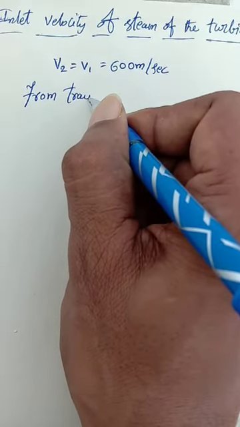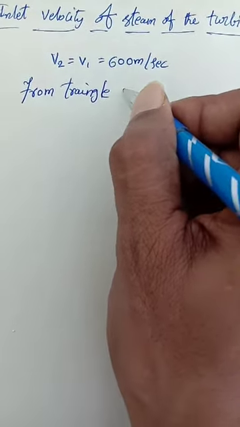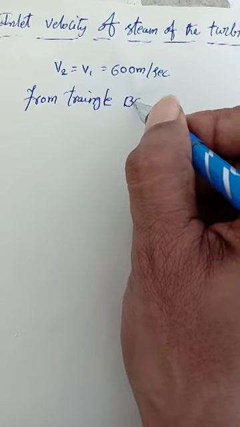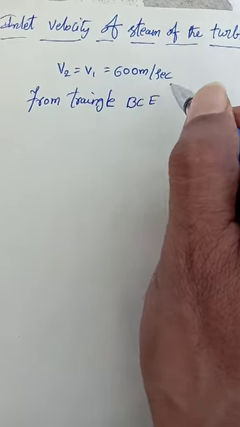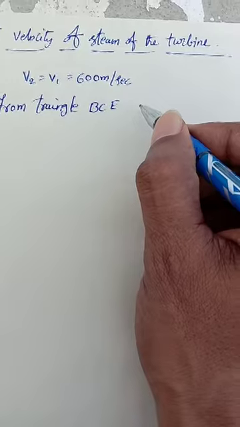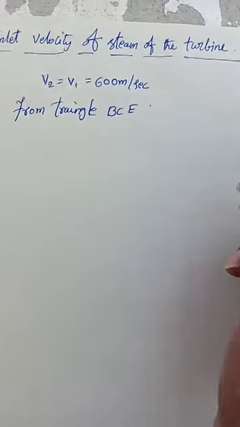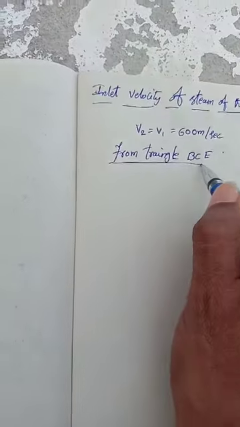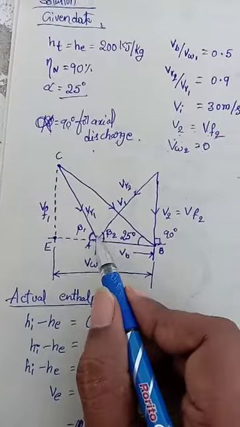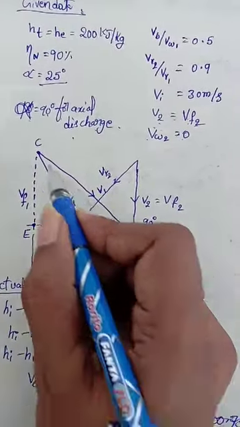From triangle BCE, okay, then here we look at here, so this is BCE.